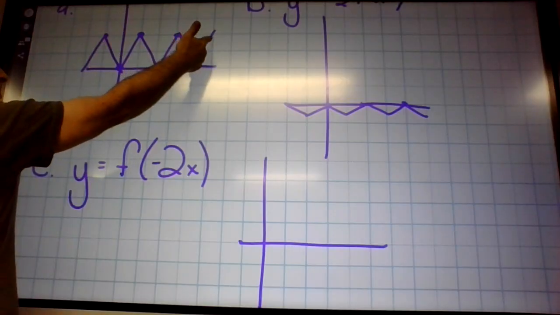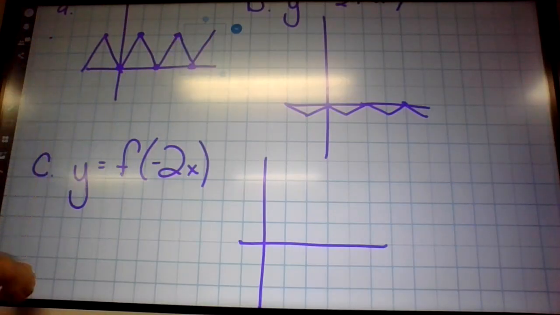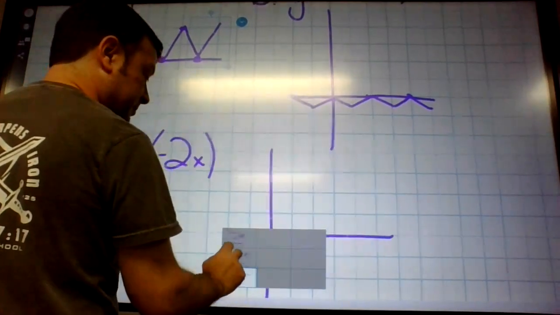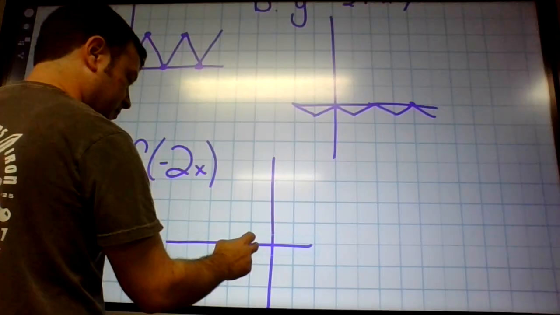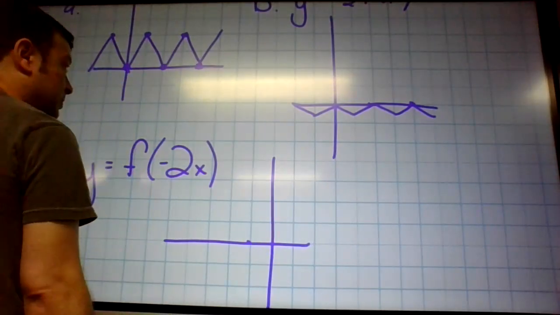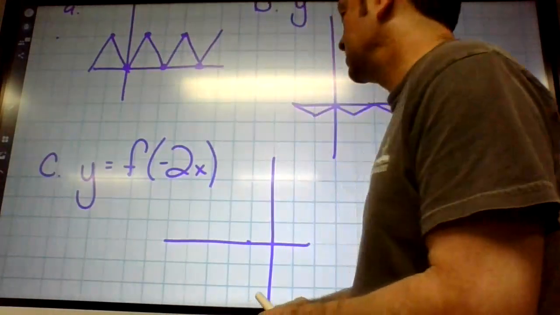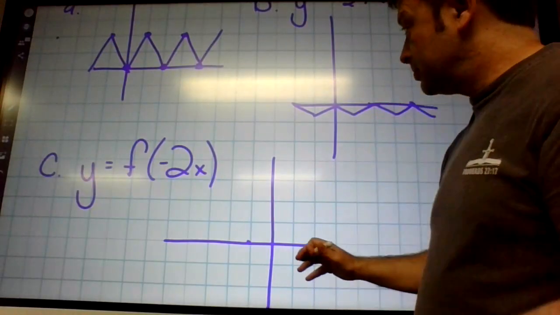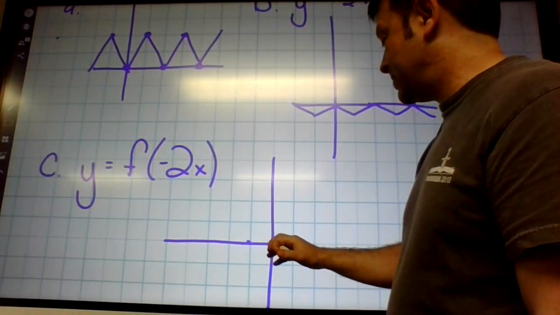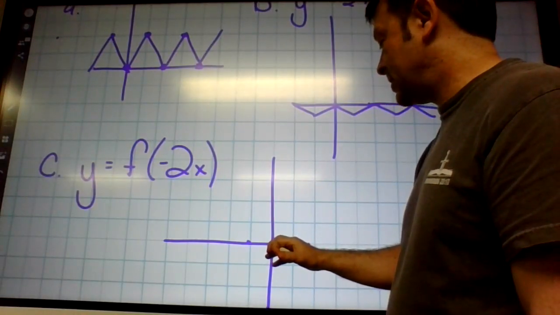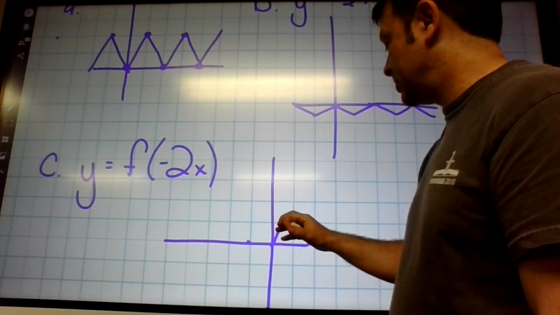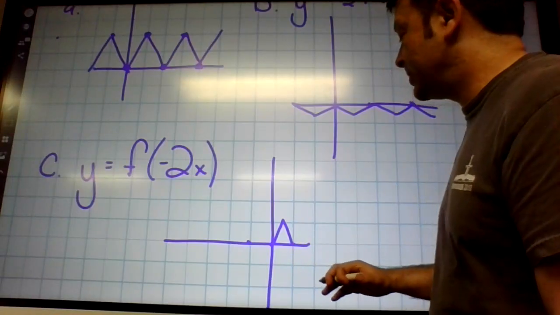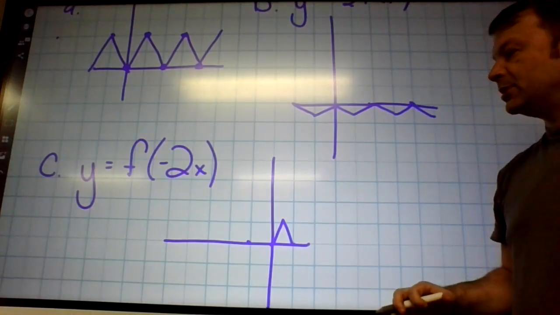Well, if we put this way over here, maybe I should change my graph a little bit. But here's the thing, it's got to happen twice as fast. So we need to be up and back down again by the time we get to 1.